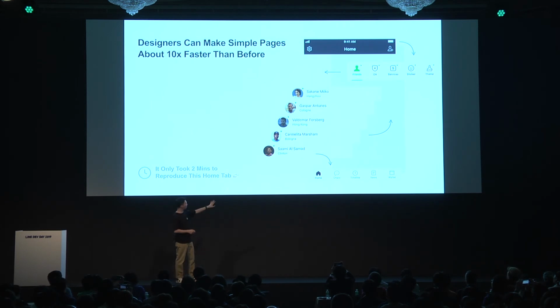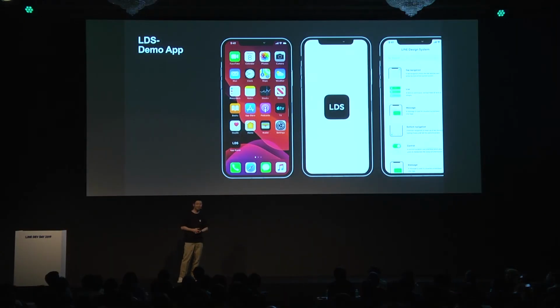This is the Home tab, which is the latest one. The important thing is that it only took 2 minutes to reproduce these screens, and that time can be the same for me and for a new designer who just joined this company. This is the key feature of UI components.